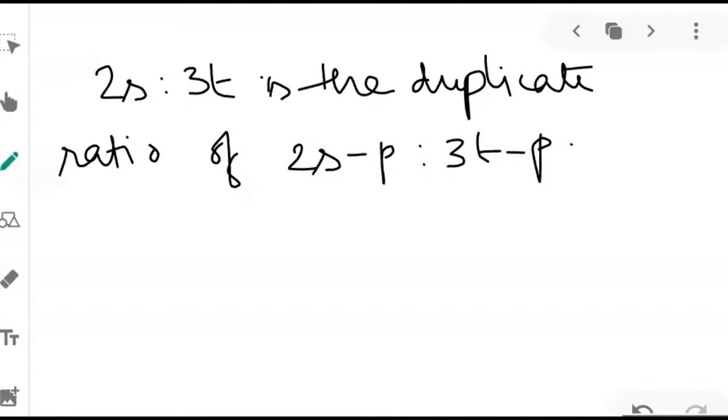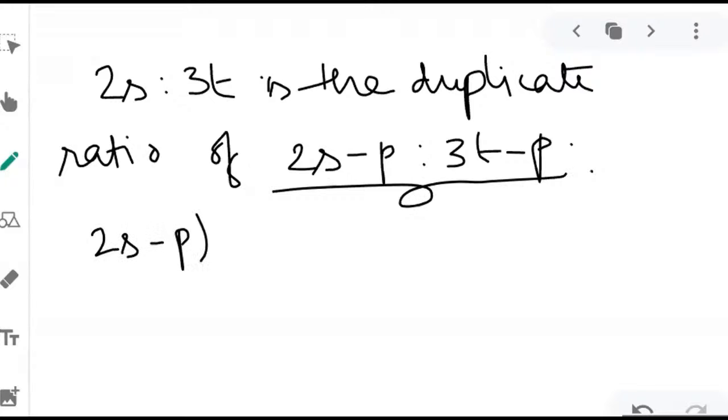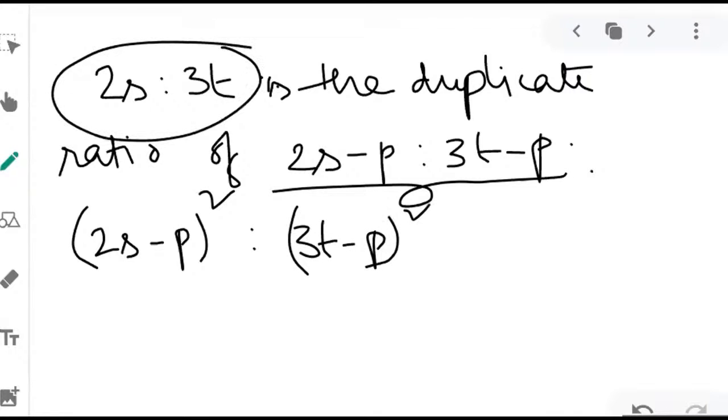Then he is asking the relation between p, s and t. So what is the duplicate ratio of this? 2s minus p whole square is to 3t minus p whole square. He's saying this is the duplicate ratio of 2s is to 3t.